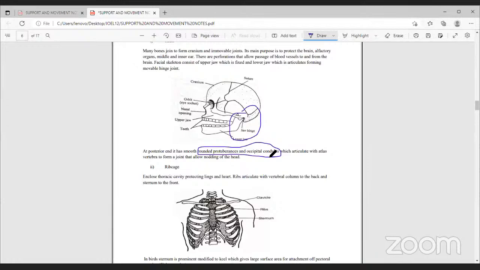For the side-to-side movement, that joint is formed when the axis, the second bone of the cervical, articulates with the atlas. So the nodding of the head is due to the joint formed between the facets of the atlas and the occipital condyles.